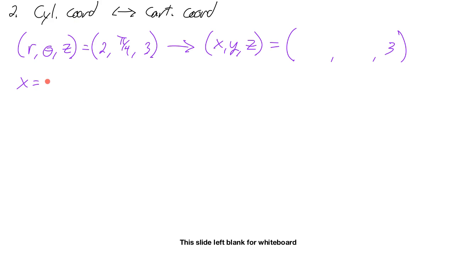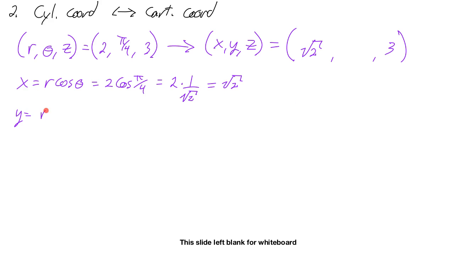So x is still r cosine theta, r is 2, cosine of pi by 4 gives us 2 times 1 over the square root of 2, and 2 divided by the square root of 2 gives us the square root of 2. So x is the square root of 2.